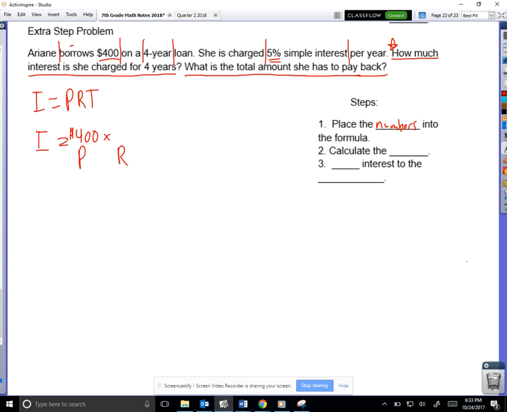We need to make that into a decimal, so we're going to do that off to the side here, 5%. It doesn't have a decimal, so put one at the very end, move that 2 places to the left, and fill that empty place with a 0, so that becomes 0.05.